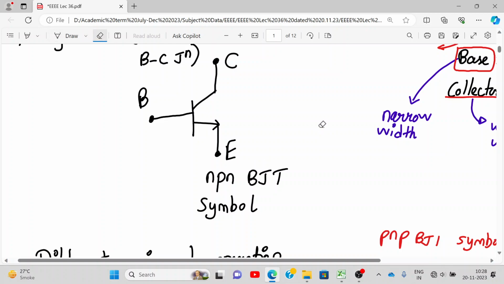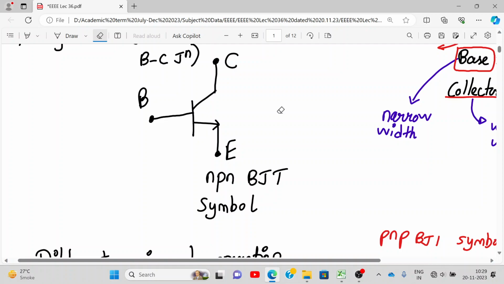Please draw it. The arrow indicates the conventional current flowing out of the emitter terminal. The arrow is there now at the emitter. It indicates that the current is flowing out of the emitter terminal, conventional current.